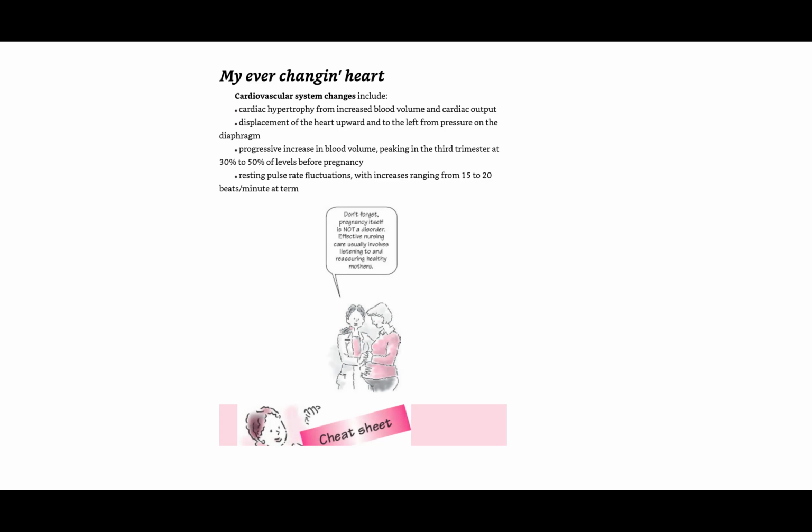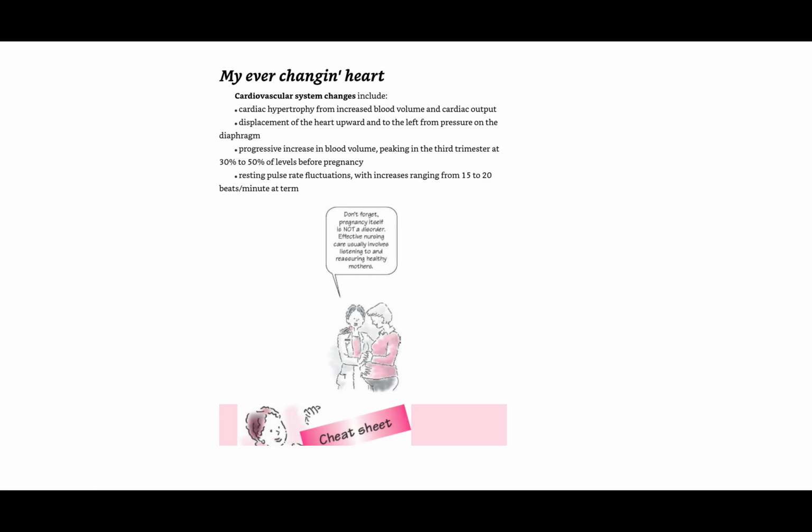Okay, so let's talk about physiological adaptations. Remember, every body system changes during pregnancy, but a big one that changes is the heart. You need to review your cardiovascular system changes. Cardiac hypertrophy, because we have increased blood volume, and increased blood volume causes increased cardiac output, which causes increased stroke volume, which makes the heart bigger.